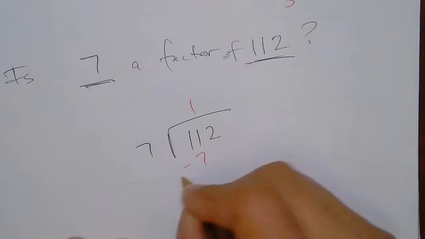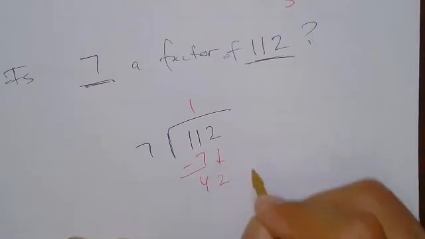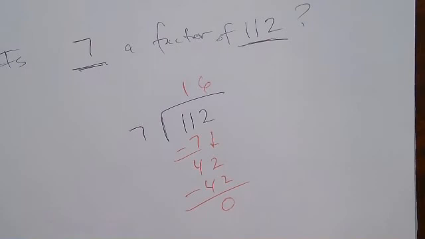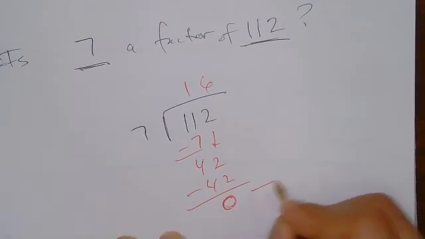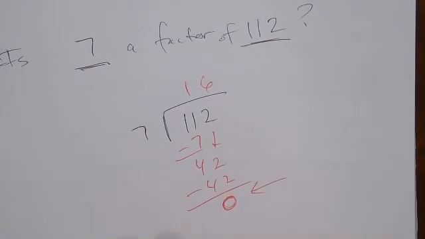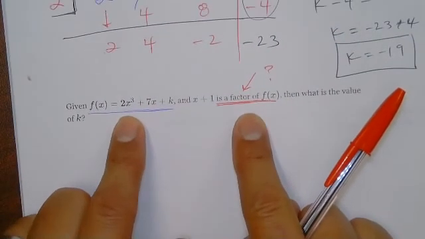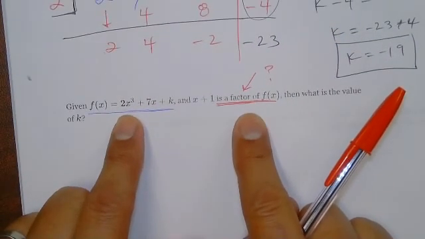If my remainder is 0, it's a factor. You guys agree? And what happens when I divide 7 into 112? Yes, 7 is a factor of 112, because when you divide, the remainder is 0. 0 being the remainder means that it's a factor.